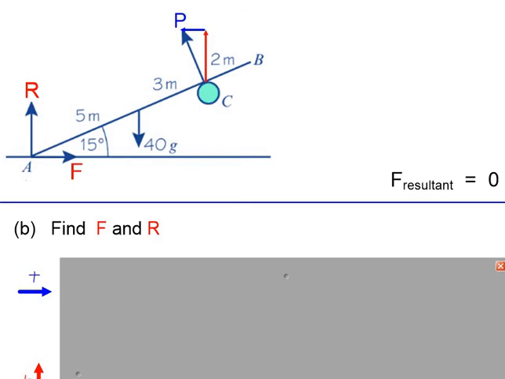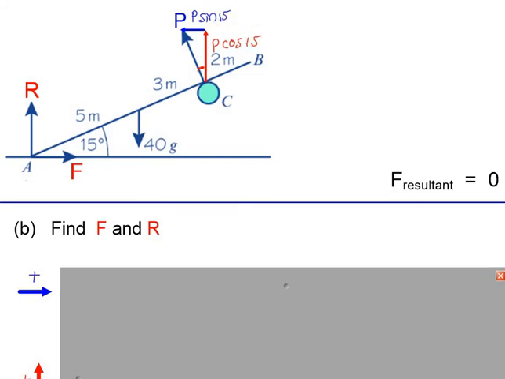Its vertical component, based on this angle here, this is 15 degrees, the same as this, is P cos 15, and the horizontal component here will be P sin 15.